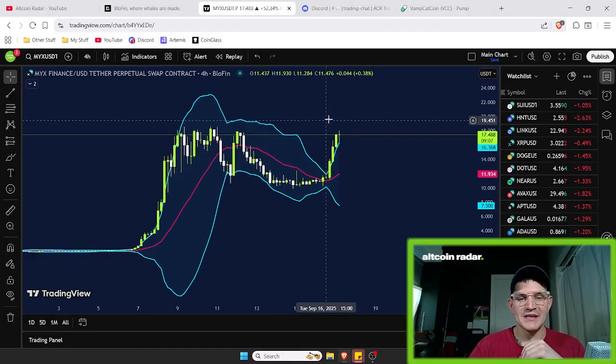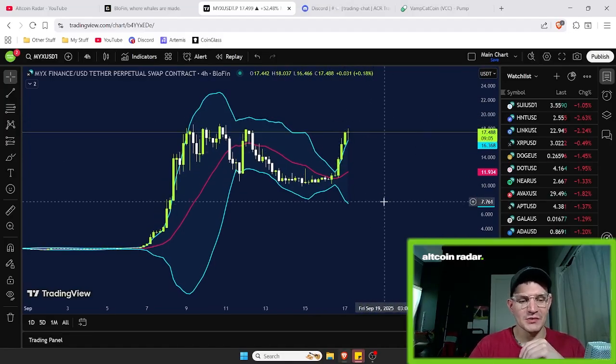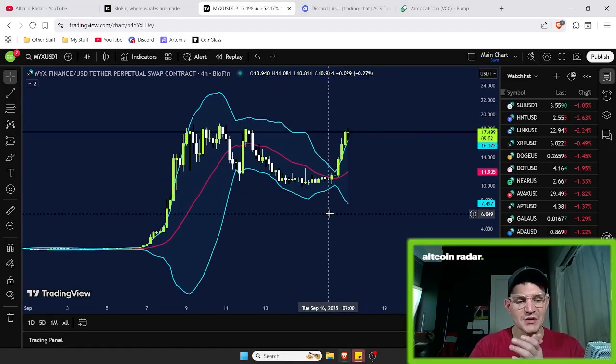So that is another way that you can use the Bollinger Bands. You can also use the upper band and lower band as support and resistance. But something to keep in mind, just like the RSI, prices can stay overbought or oversold for extended periods of time. So it's best to use this indicator with price action, or with other indicators too.